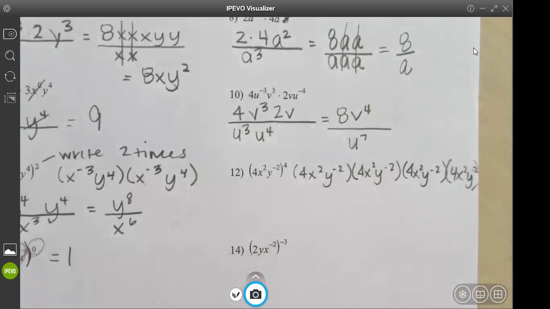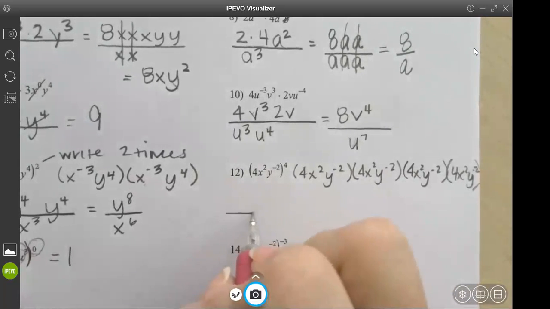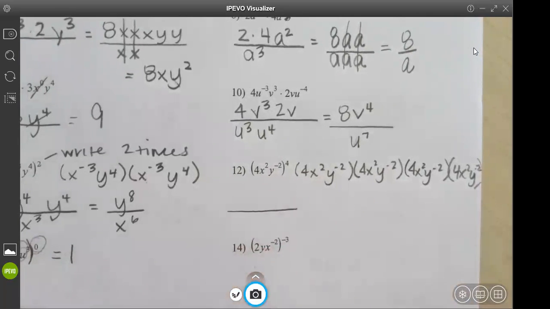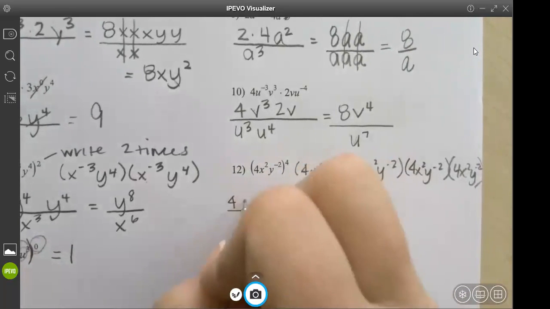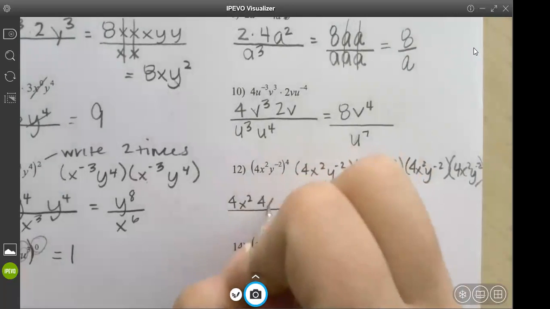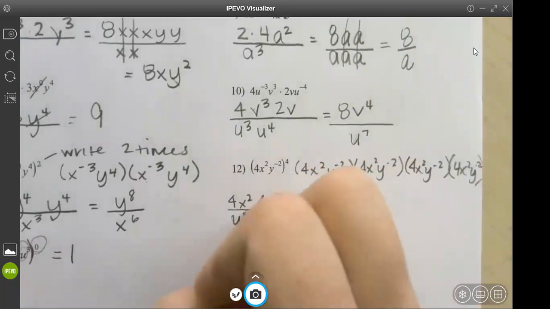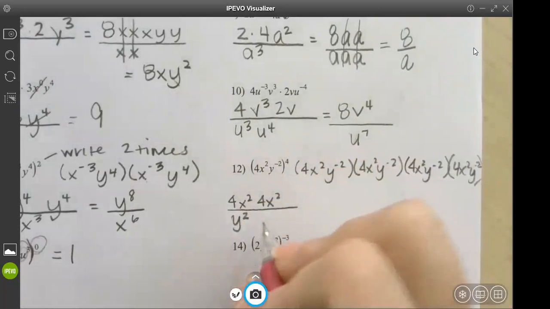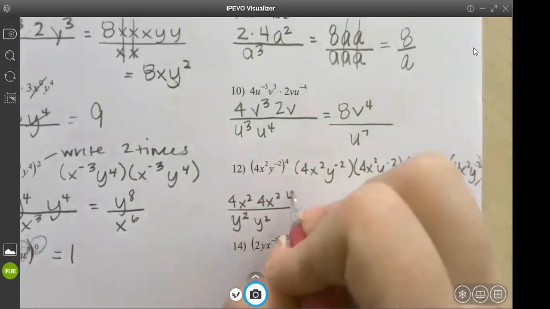We're going to do it. So the 4x squared goes on the top, the y squared goes on the bottom. And you're going to do that 4 times.